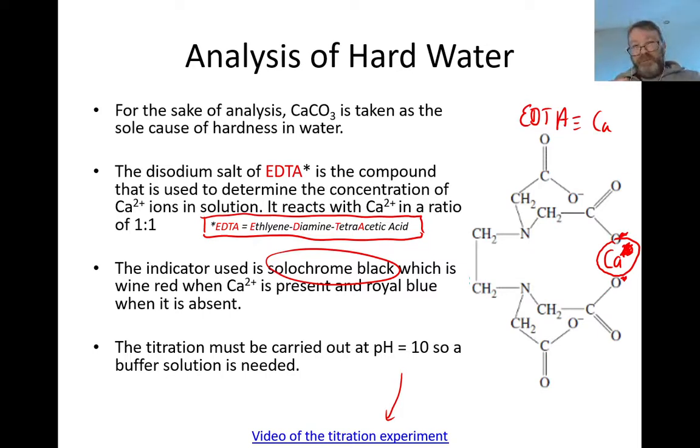Now here's the problem. Dark wine red to a deep royal blue is a very, very difficult endpoint for the human eye to see. So we've got to swirl and turn the conical flask to see if we have reached it. You'll see it in the video. It is worth watching. You do have to watch it because it is a prescribed experiment. So I would ask you to watch that video before you watch what I'm about to do next, which is the calculation for one of these experiments.